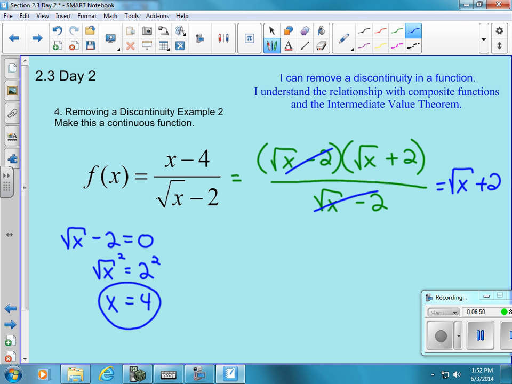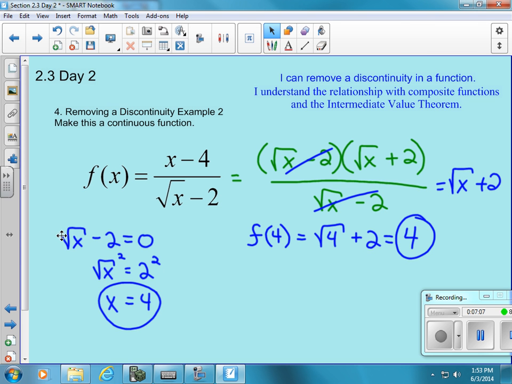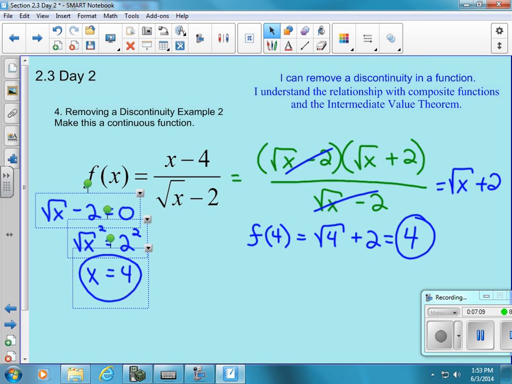All right, so really the value we want to plug in is 4 to our equation. So we get the square root of 4 plus 2, and that equals 2 plus 2, which is 4. All right, so our function when x equals 4 is going to be 4.